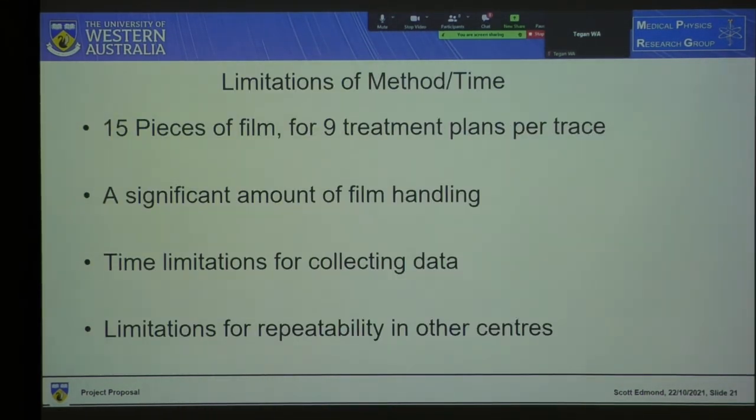It's 15 pieces of film for 9 treatment plans per patient breathing phase, so that's 135 pieces of film per measurement. If you increase that any more, you start running into time considerations. But it's another aspect that we could look at for future research.